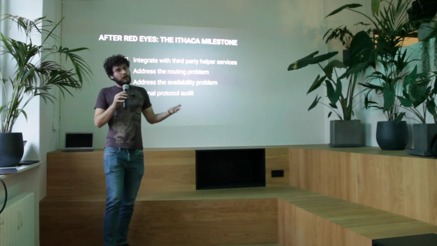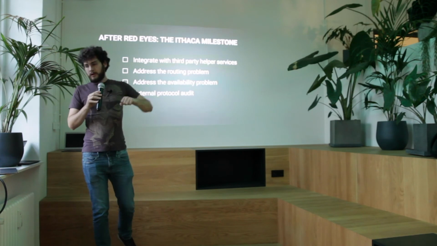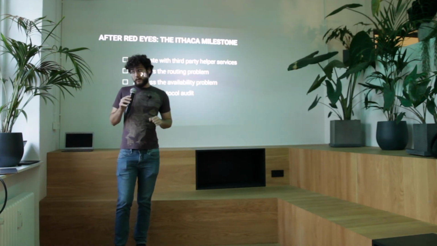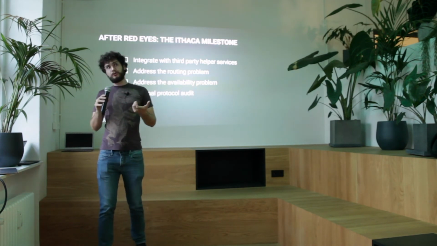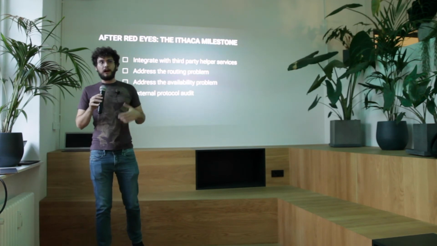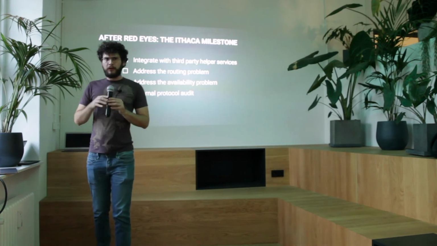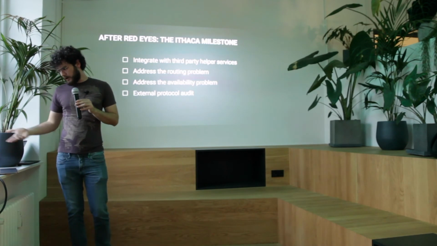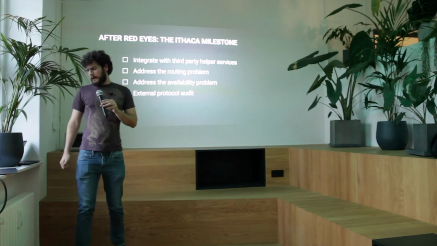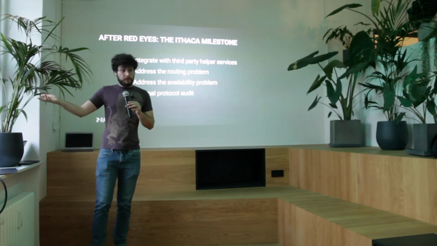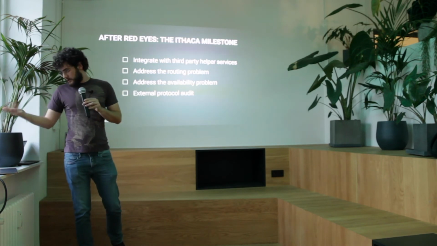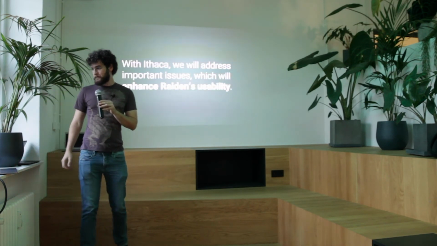So you need to have someone else actually monitoring your channels for you. That's one of the biggest things that we need to implement. We also have to improve how the routing part of the system works. We call that the routing problem. And the availability problem is the monitoring service, and also the audit that I mentioned before.